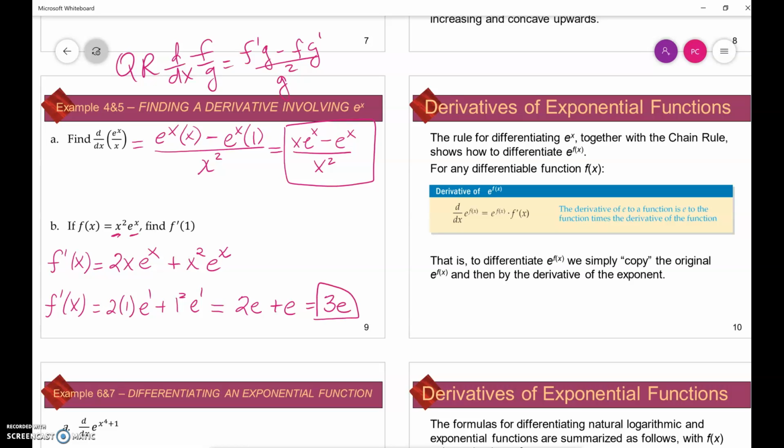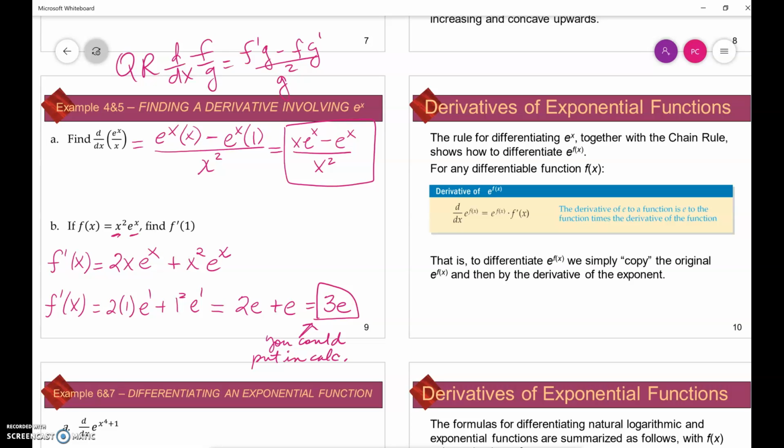You could put this in your calculator and get a decimal if you wanted to, but 3e is a more concise answer. So I'm going to leave my answer here. And on a standardized test, I think you'd see it either way.